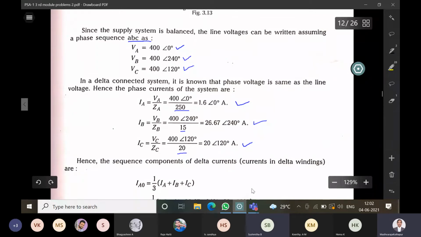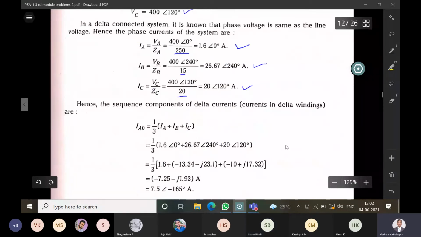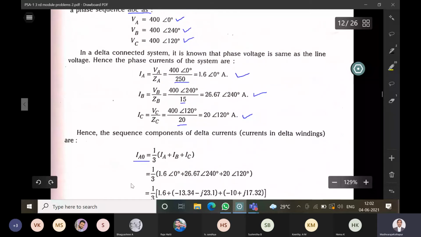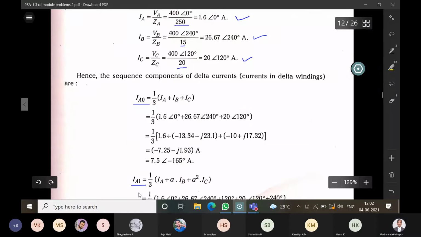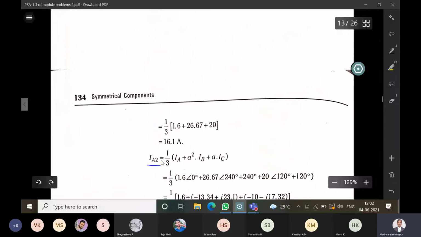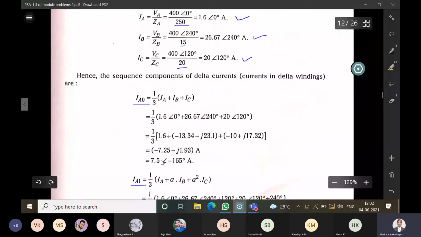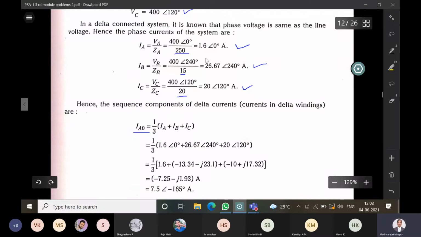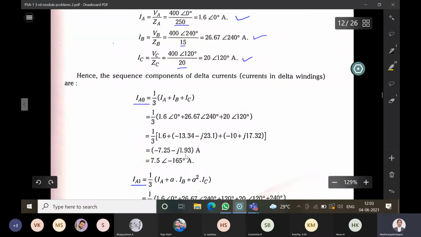Okay. So after this, we need to calculate capital IA naught, capital IA1, and capital IA2. IA naught is equal to 1 by 3 of capital IA plus capital IB plus capital IC. So you just calculated IA, IB, IC, right?